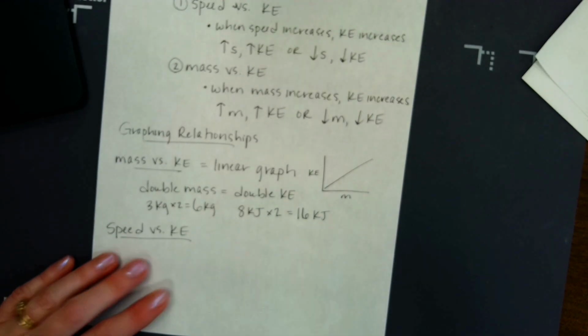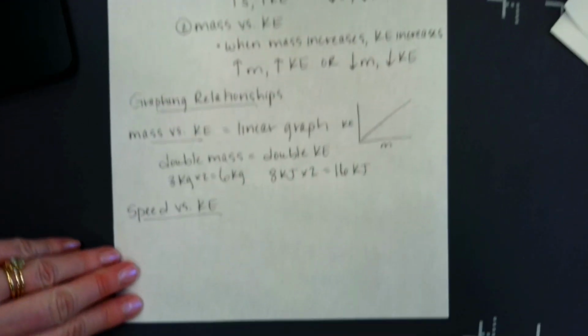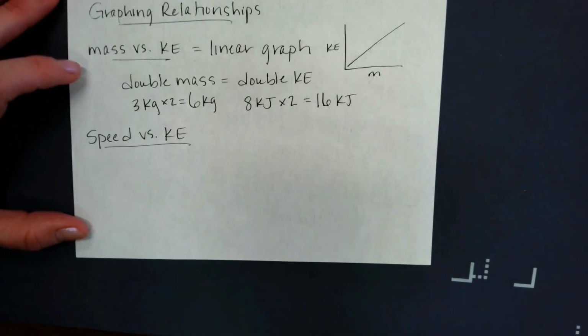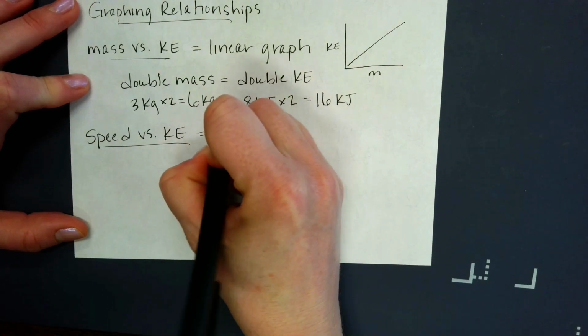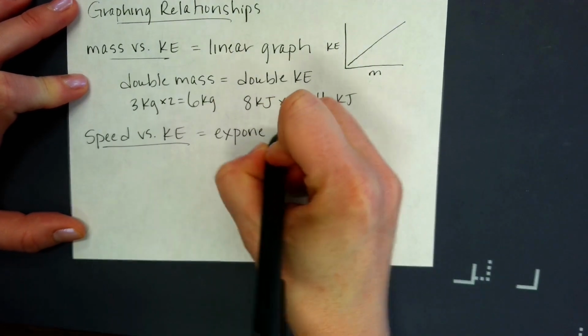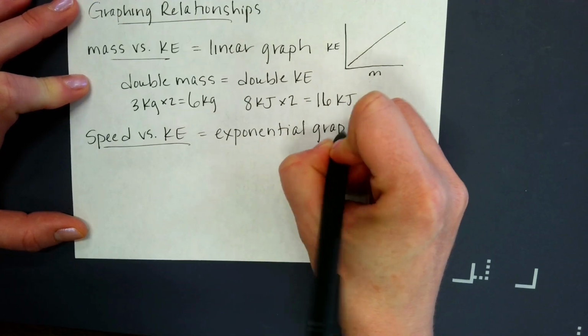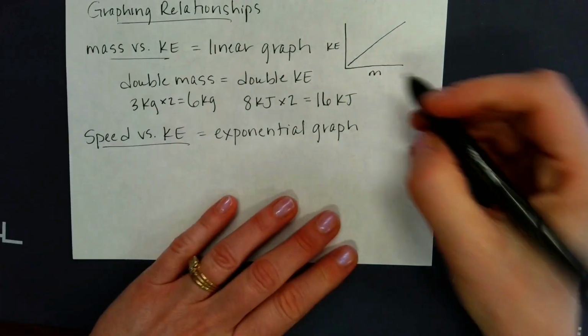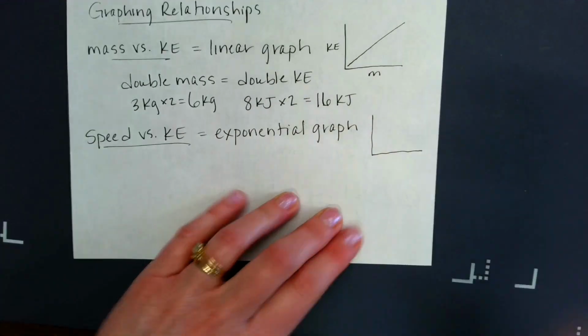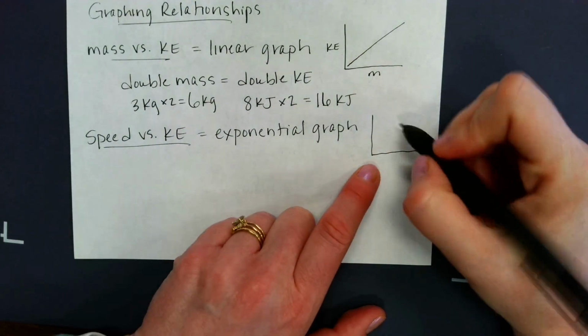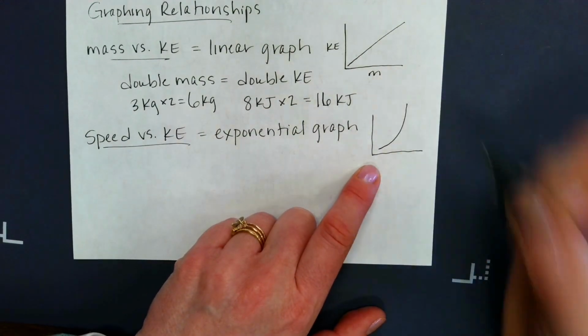So instead of linear graph, it is an exponential graph. Okay, and you can draw a quick little picture on the side just so you remember what exponential looks like. I can tell right away that it's exponential because it curves.